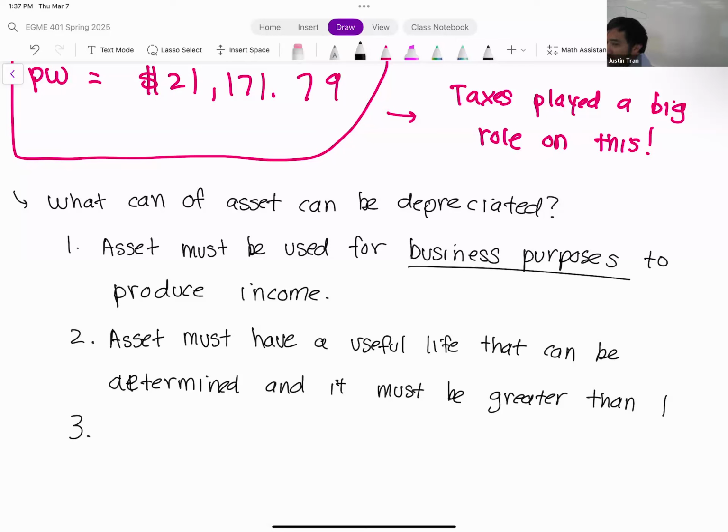And the idea is that it's not something that's going to be used up in a year, so it's something that's going to decrease in value over many years. Okay. So criteria number three is that the asset must decrease in value over time.